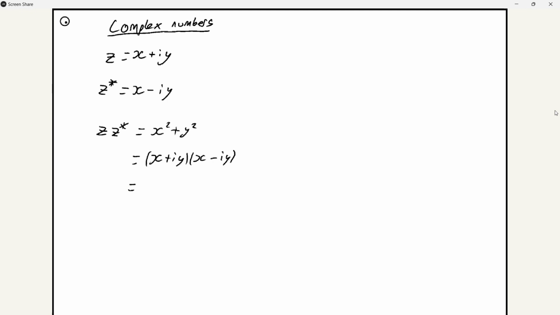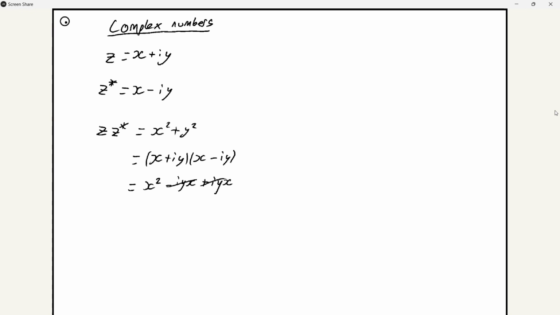So do the x's first. x times x is just x squared. Then the first x times minus iy is minus iyx, then plus iy times x is plus iyx. These cancel.